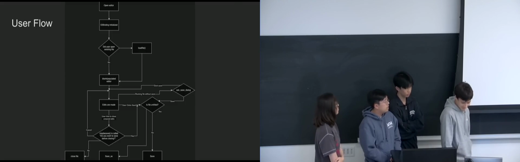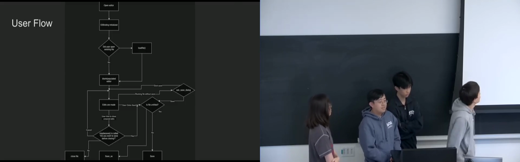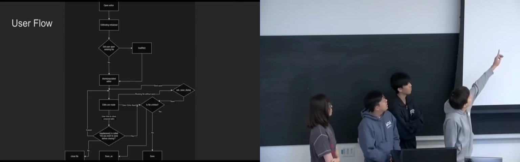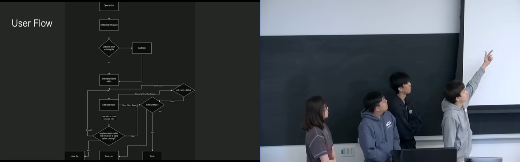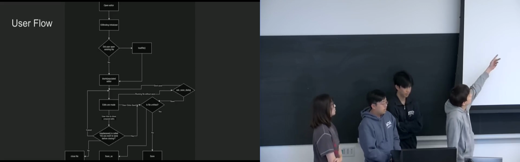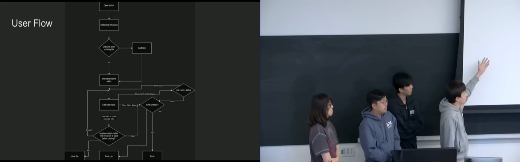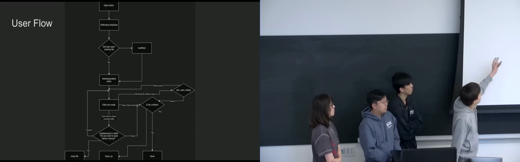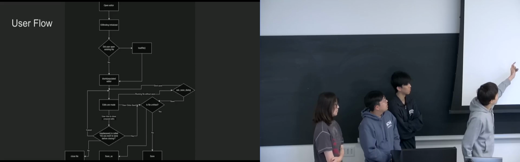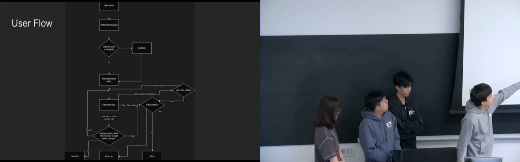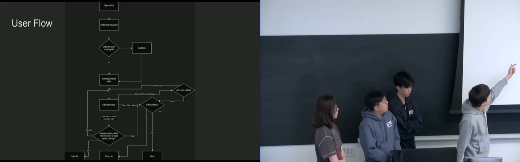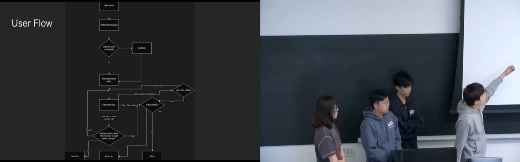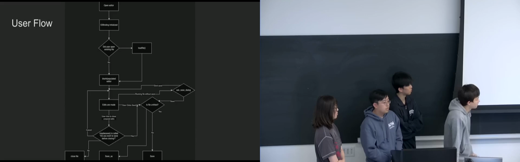This is a bit of a messy user flow diagram, but we start off with creating an editor window, and then the user can either choose to open an existing file or just start off with a blank editor. And then if the user tries to run the file without saving, it will trigger the ask save dialog, which will ask you to save a file before running it.